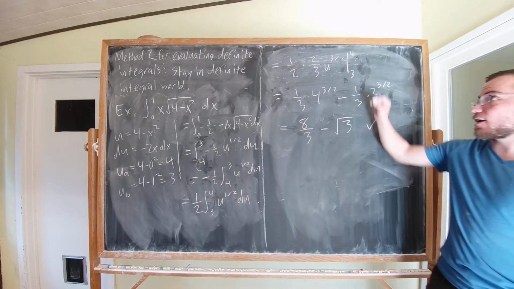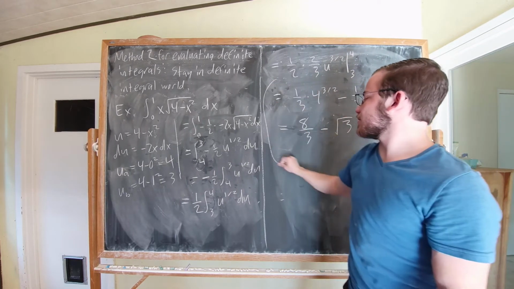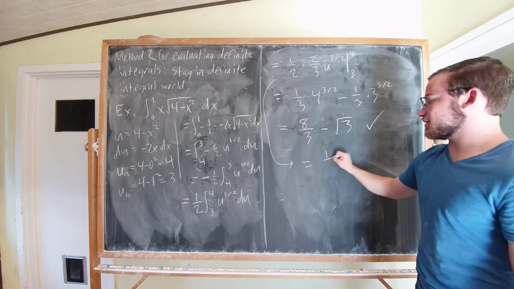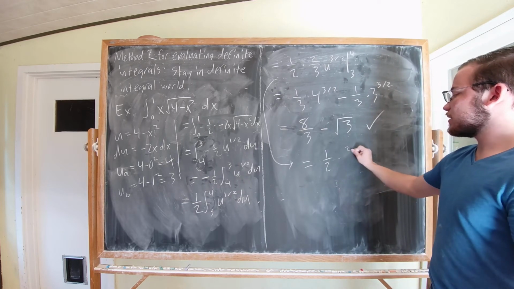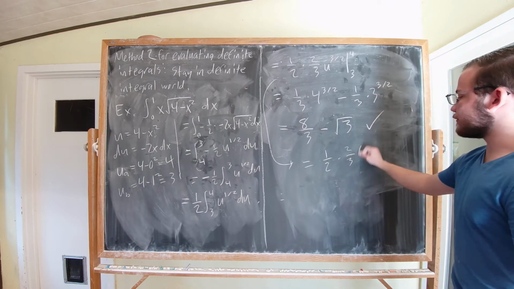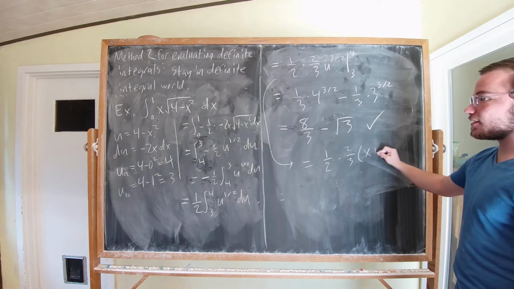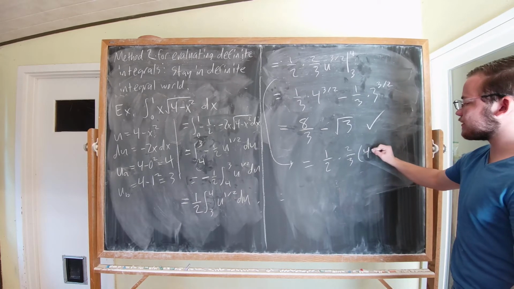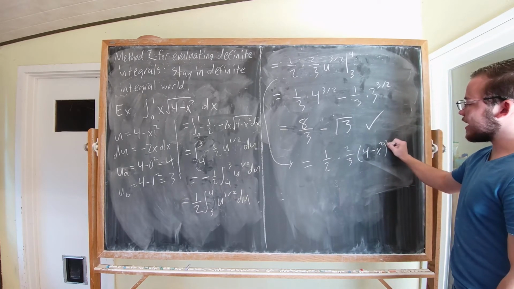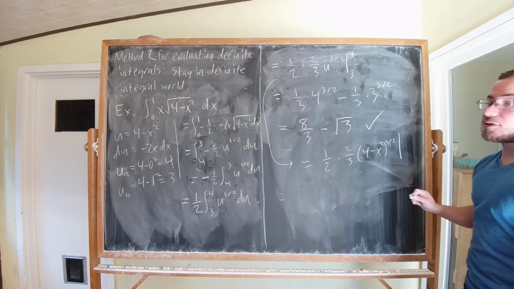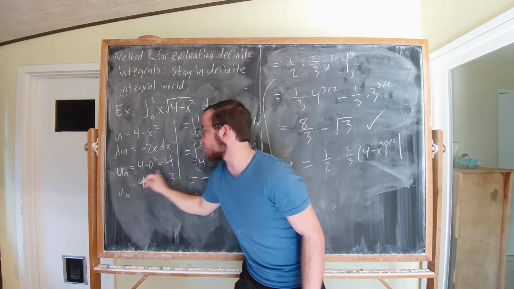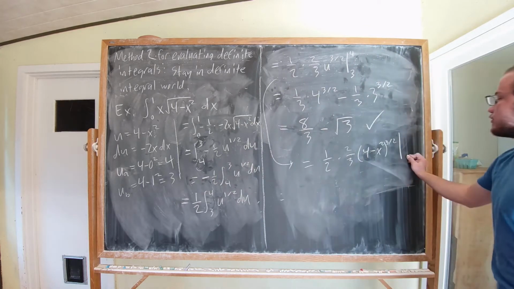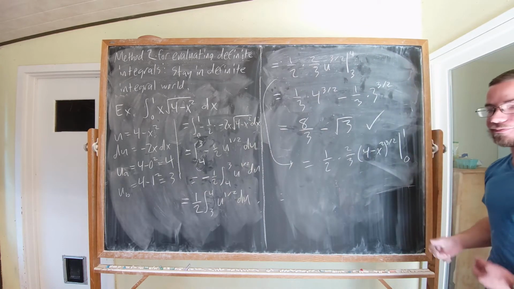Now, if you want, as I said, you could shift back into x world and you could say this is the integral of 1/2 times 2/3 of x times 4 minus x squared to the 3/2, but you'd have to make sure to plug the u sub back through as well, and you get it from 0 to 1.